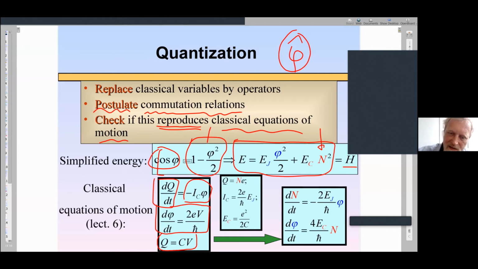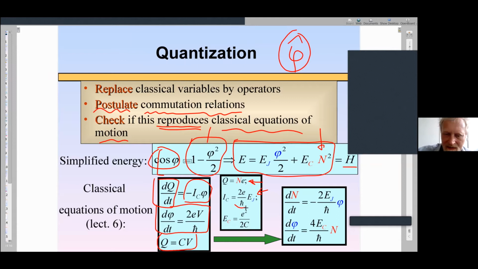Quantized charge in units of the charge quantum, a number of particles. Josephson energy instead of critical current that contains h bar.